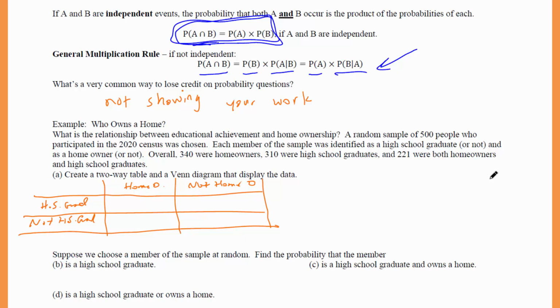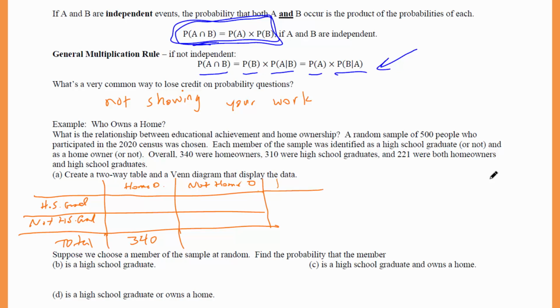So what we're told is 340 were homeowners. How does that number fit into this table? Well, that's the total of all of the homeowners. There's 340 of them. 310 were high school graduates.